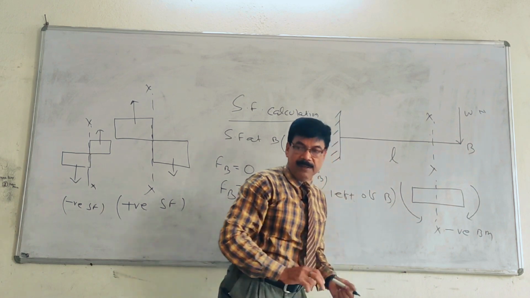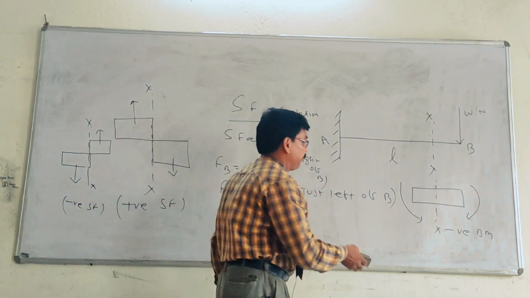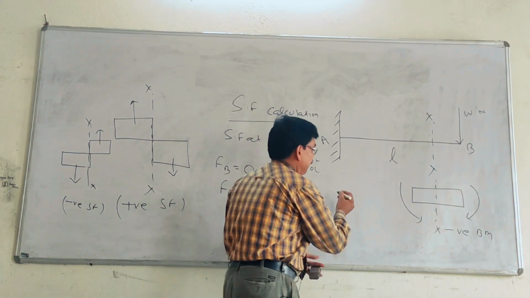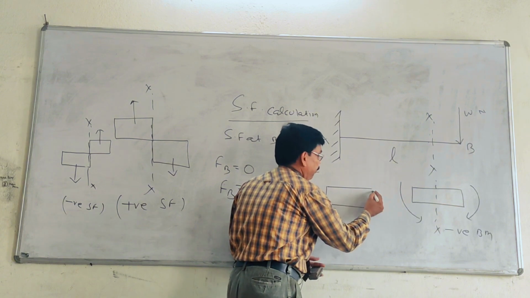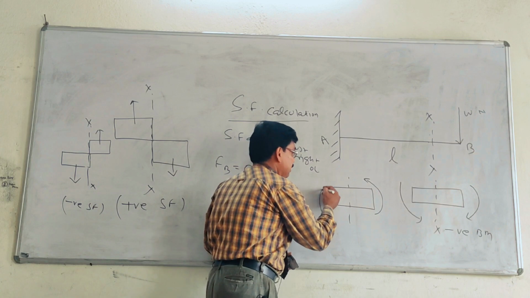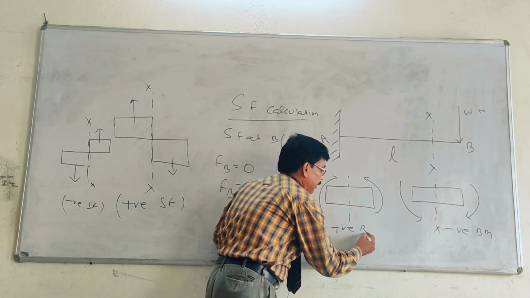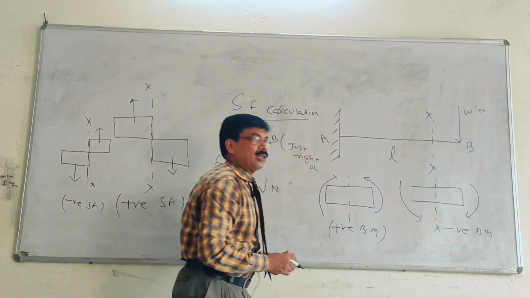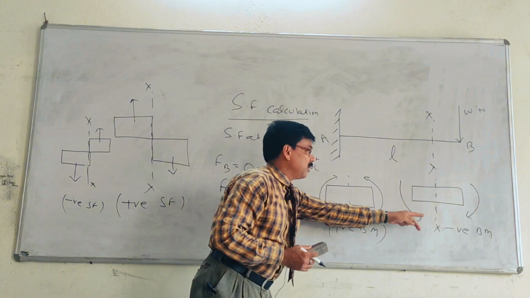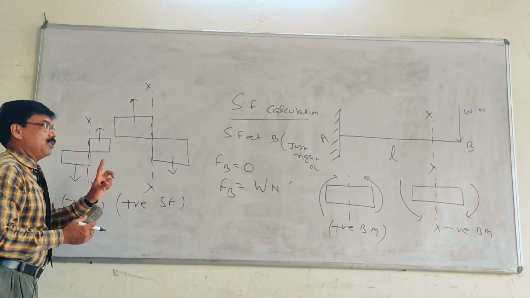Similarly, if right of the section is anti-clockwise and left of the section is clockwise, then we consider positive bending moment. There are two sign conventions for shear force and two for bending moment, one positive and one negative. You must remember this sign convention.